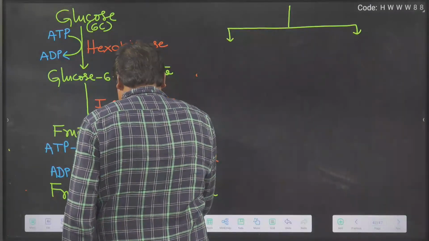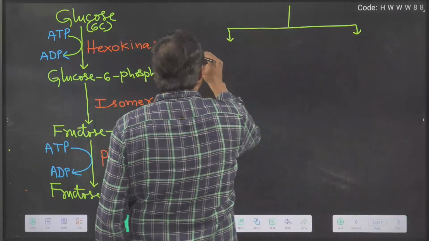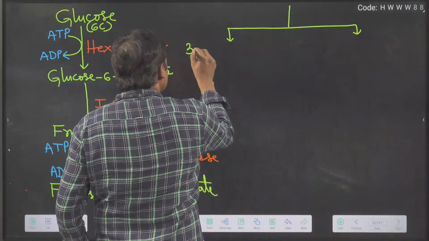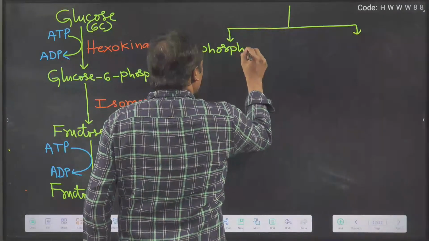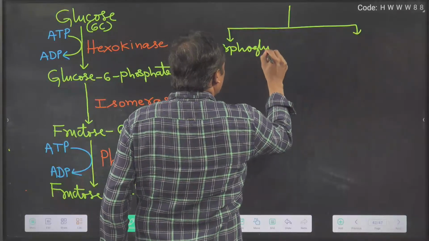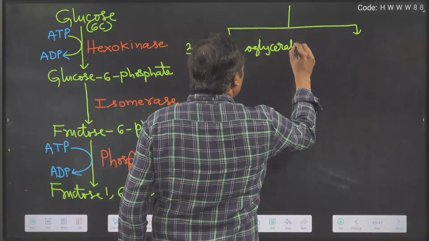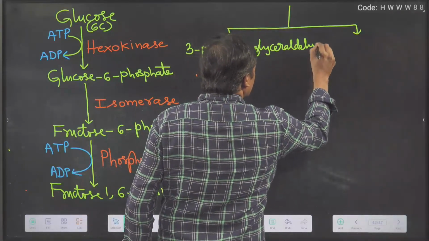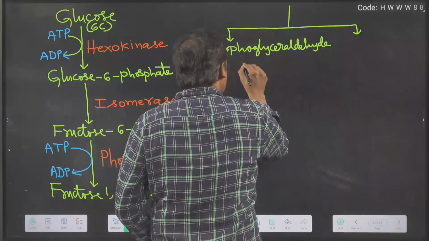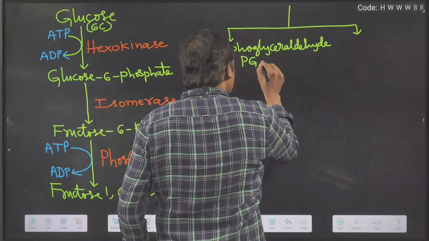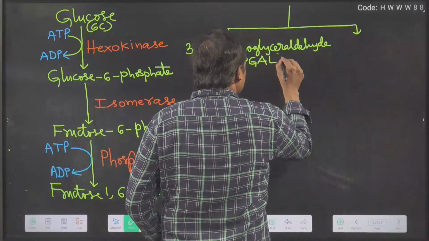One is 3-phosphoglyceraldehyde. In shortcut, you can call it PGAL.